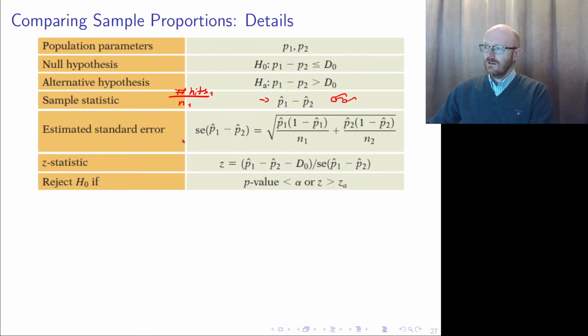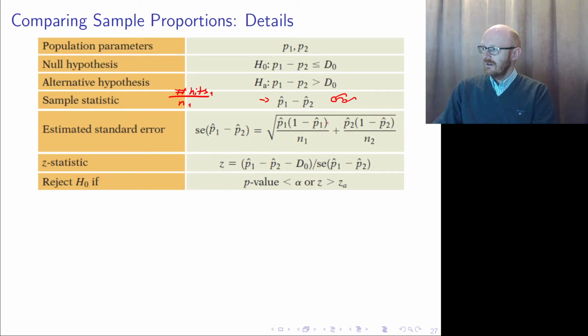And here you can calculate the standard error of this difference, which is just the sample proportion for group 1 times 1 minus the sample proportion for group 1, which is just the sample probability of a hit times the sample probability of a miss, divided by the sample size for that group.